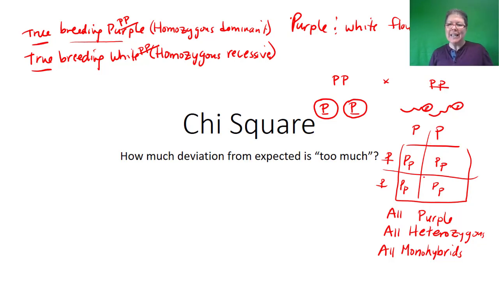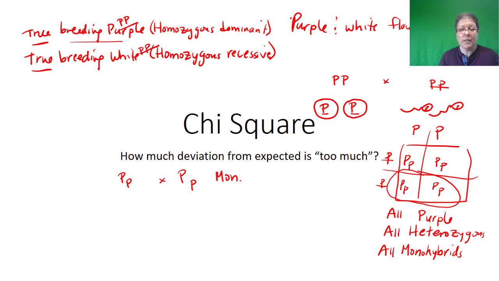So let's take these and let's do something we wouldn't really want to do with people. Let's make the siblings mate. So we have a big P, little p times a big P, little p. And this is called a monohybrid cross because we're crossing monohybrids. That's all that is. This one, we'll put mom on the left again.